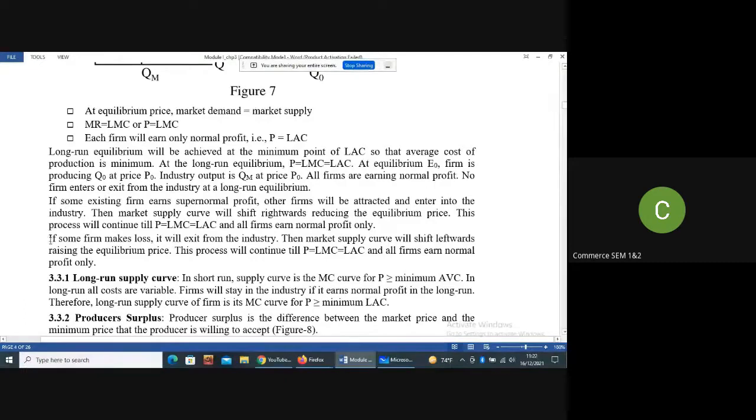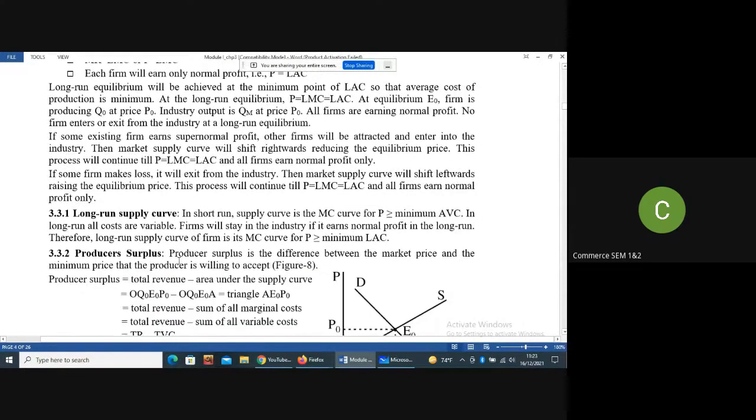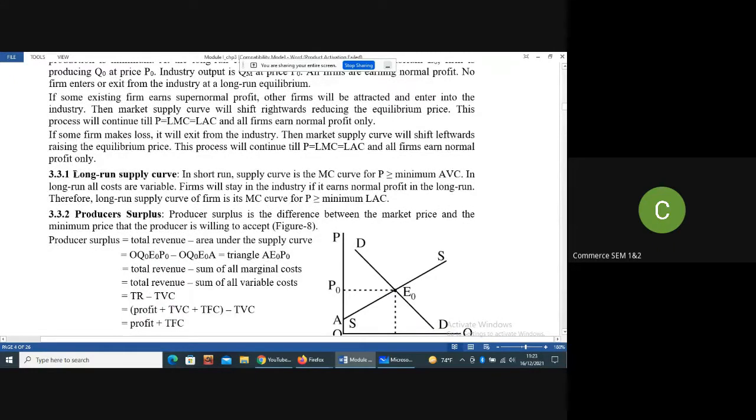And if some firms make loss, they will leave the industry. Then market supply will shift leftward, raising the equilibrium price, and this process will continue till price equals LMC equals LAC, and all firms earn normal profit only. Clear?